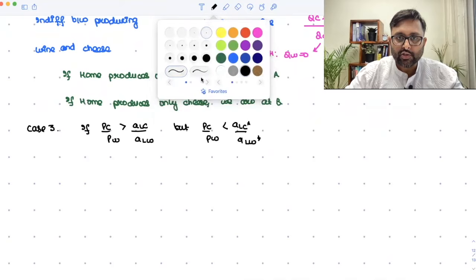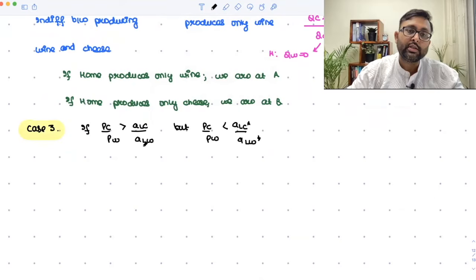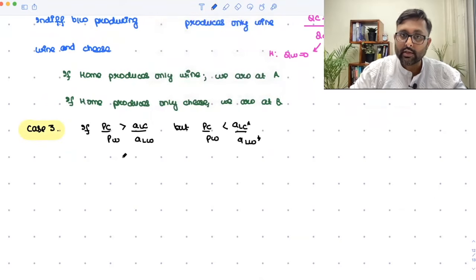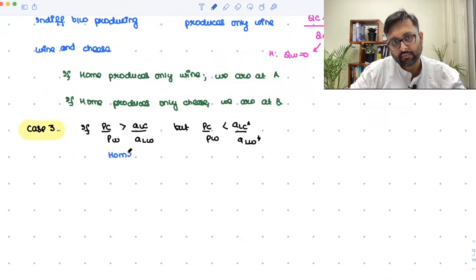Relative price of cheese is greater than the opportunity cost of cheese in the home country, but less than the opportunity cost of cheese in the foreign country. So you have the home country, and you have the foreign country.